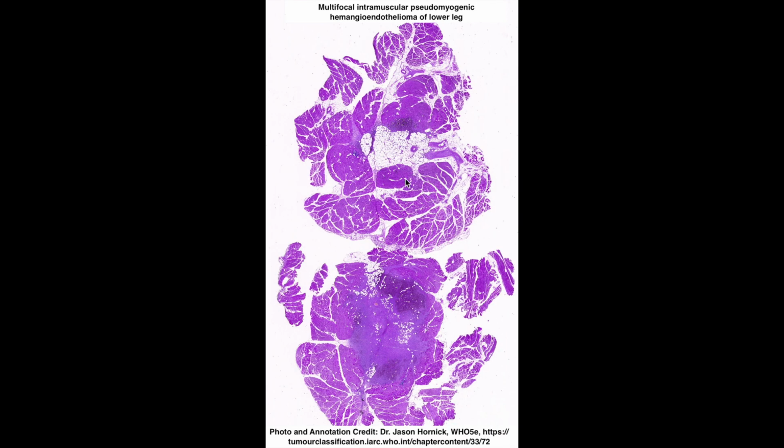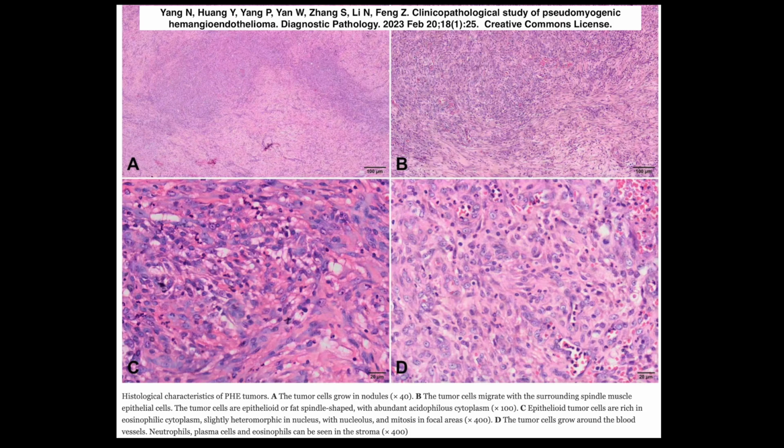So here is the H&E correlate of the FosB IHC that we just saw, and you can appreciate the tumor cells here. Here are more histologic pictures of pseudomyogenic hemangioendothelioma. You can see the growth in nodules.